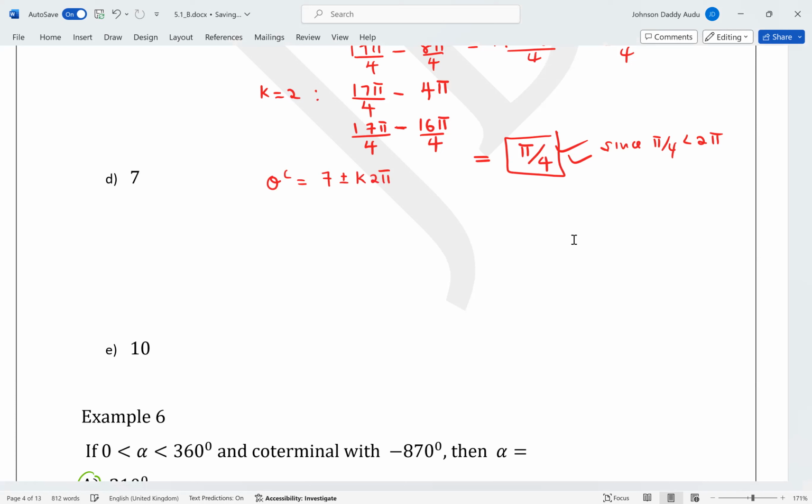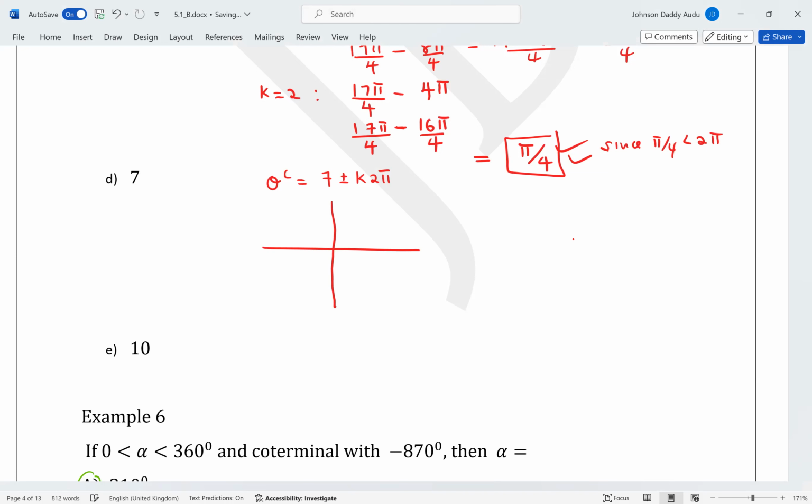But the first thing you need to check is whether we use plus or minus. It depends on whether 7 is greater than 2 pi, because we need an angle between 0 and 2 pi.